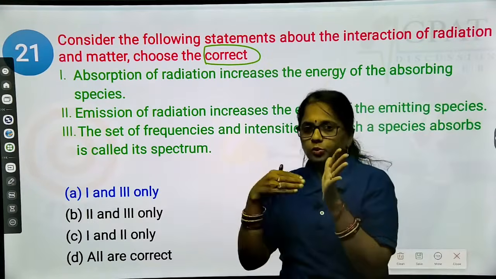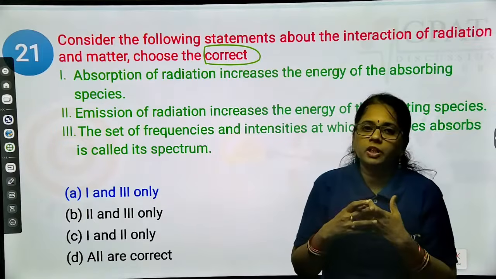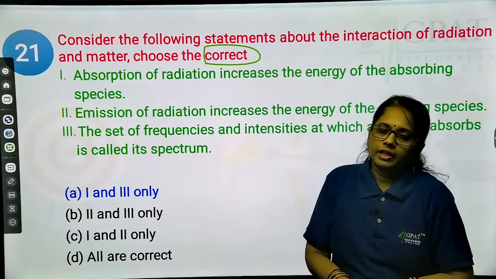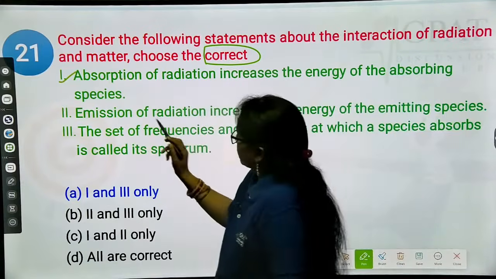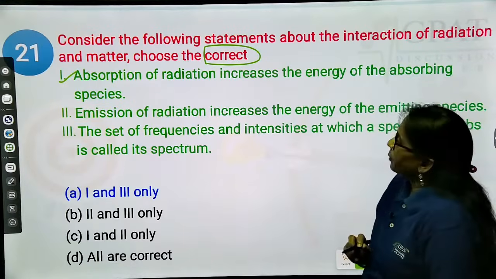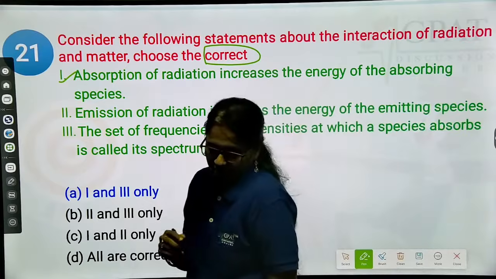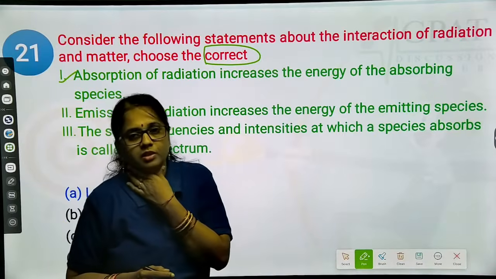So whenever we give energy, automatically the energy is going to be taken up, so it is going to be excited to the excited state. So this statement is true. Next, emission of the radiation increases the energy of the emitting source. So emission, when is it going to take place actually?